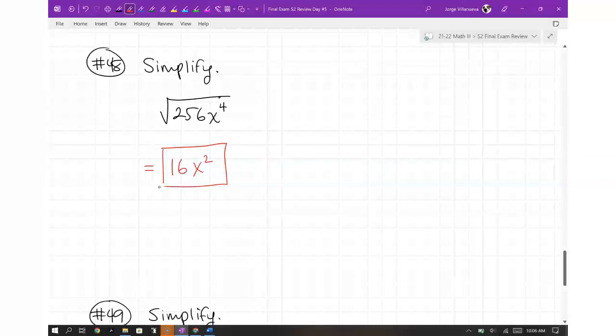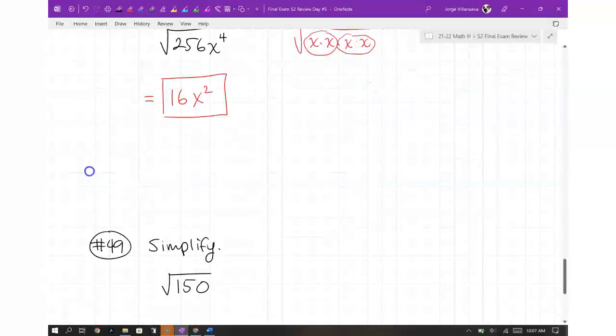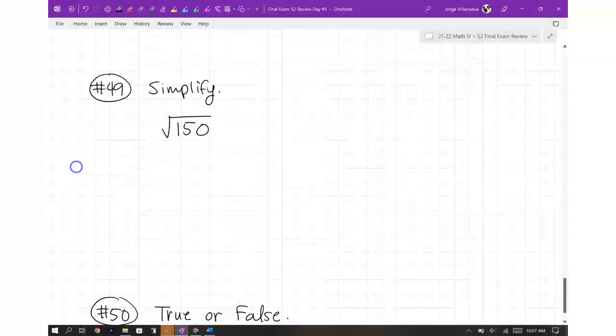Now if you're not sure how we got x squared, remember x to the 4th is just x times x times x times x. When you have it in a square root, you need pairs. So that's 2 pairs, so it's x squared. You're taking out 2 x's, so that's x squared. Okay? All right? Well, here we go. Square root of 150.